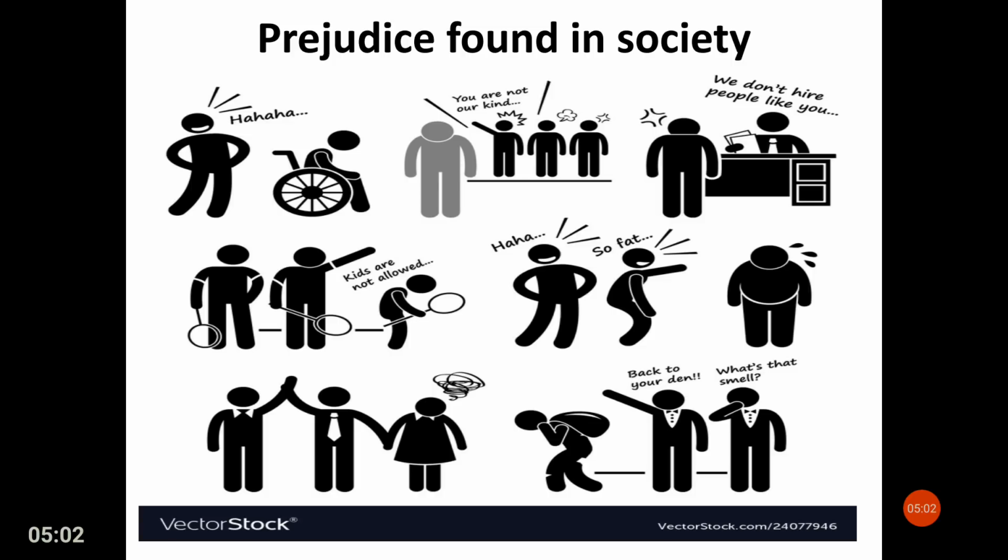Okay, in the last clip art we can see, back to your den, what's that smell. Here we can see a ragged person, might be a beggar or a person who is picking up rags on the road, and other people who are more mature and much richer than that person are not actually allowing that person to move around or be nearby.